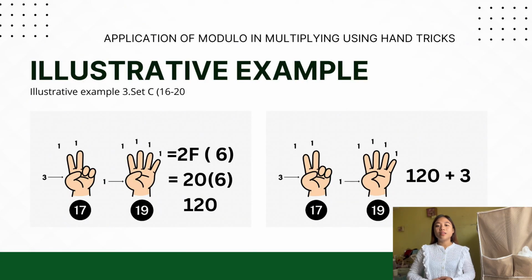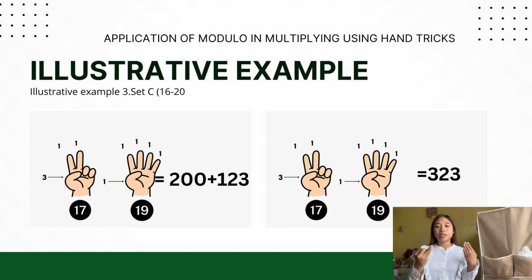The next one is for 15 to 20. So in this case, this is 17 times 19. Why? Because like what I've said earlier, 17 mod 5 is equal to 2, 19 mod 5 is equal to 4. So in here, we have a different case. Still, this is 10, 20, 30, 40, 50, 60, but we're going to multiply it by 2.